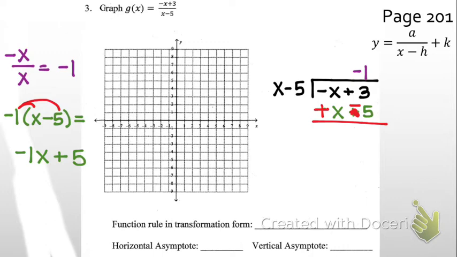So 3 minus 5 is what? What's 3 minus 5? Negative 2.